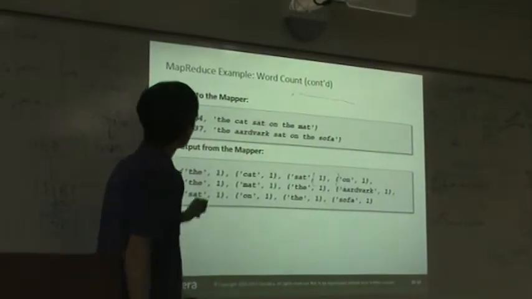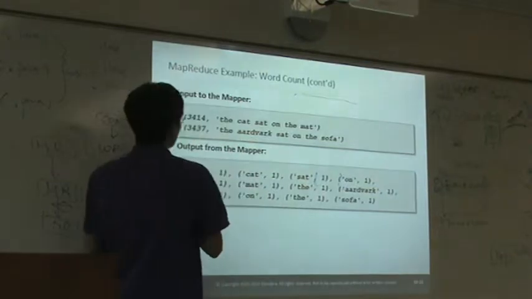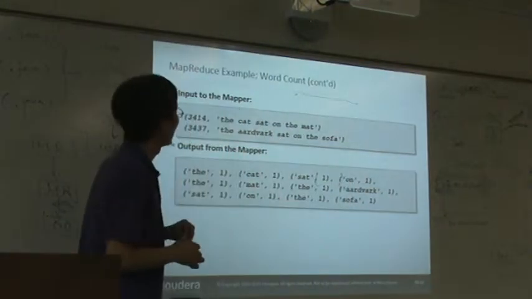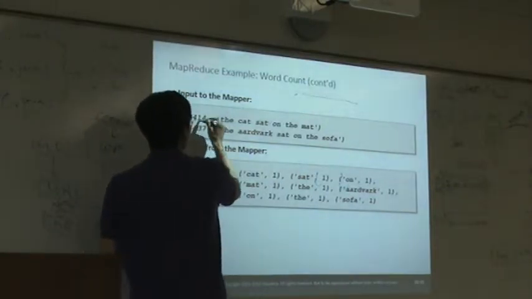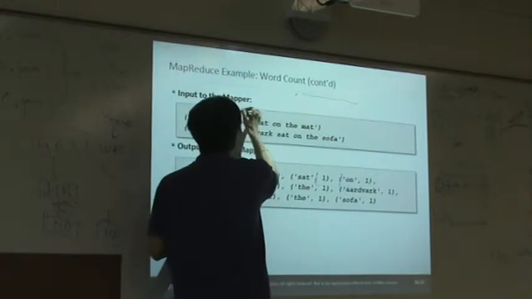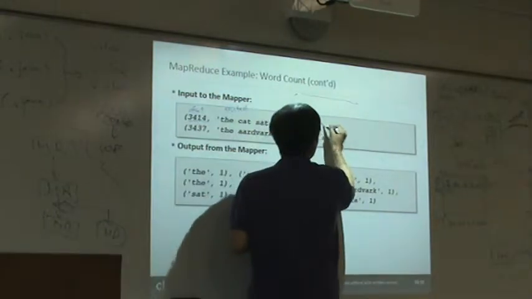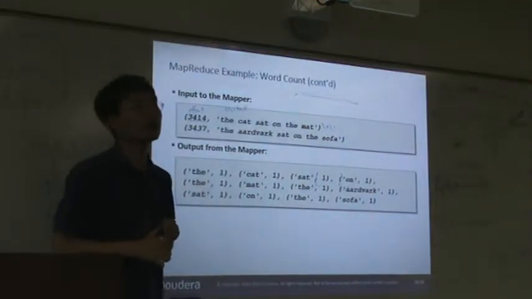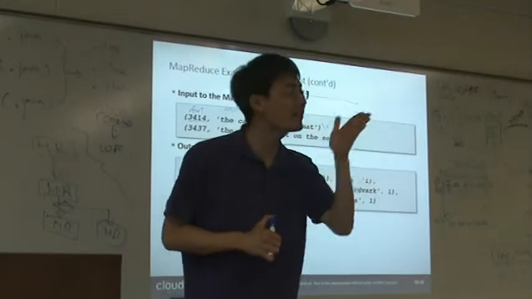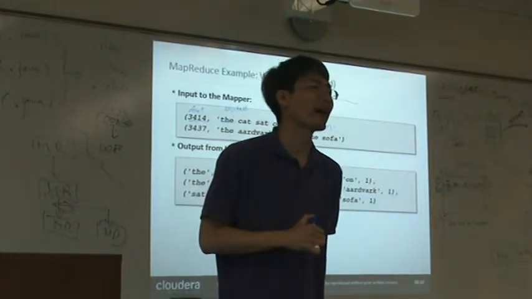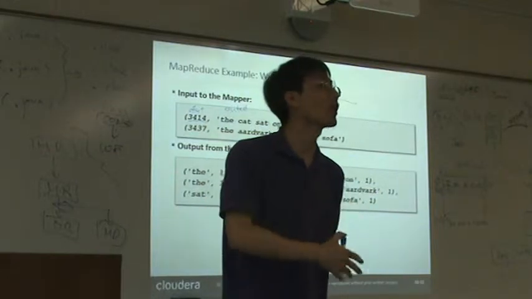For example, our input file has two lines. This one is the offset, and this is the content. Actually, it ends with a new line character. Hadoop processes line by line because Hadoop was developed to process log data.